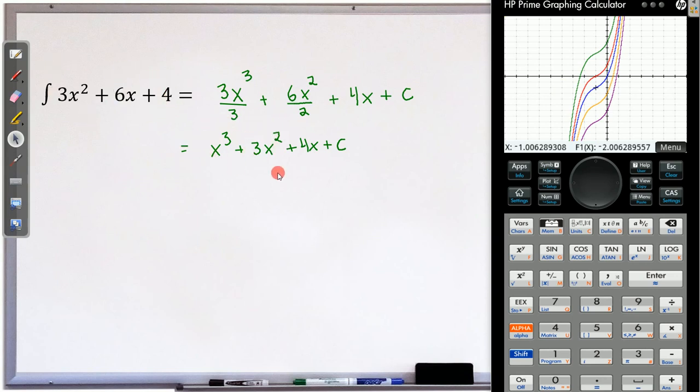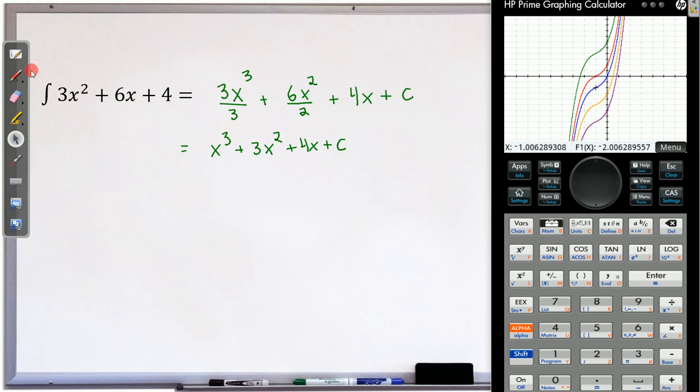If I take the derivative of this, they all come back to the same answer, 3x squared plus 6x plus 4. No matter what number you put in for c, that will not affect the slope. And so that c value is just moving the graph up or it's moving the graph down. It's not changing the shape, just changing where the graph is.